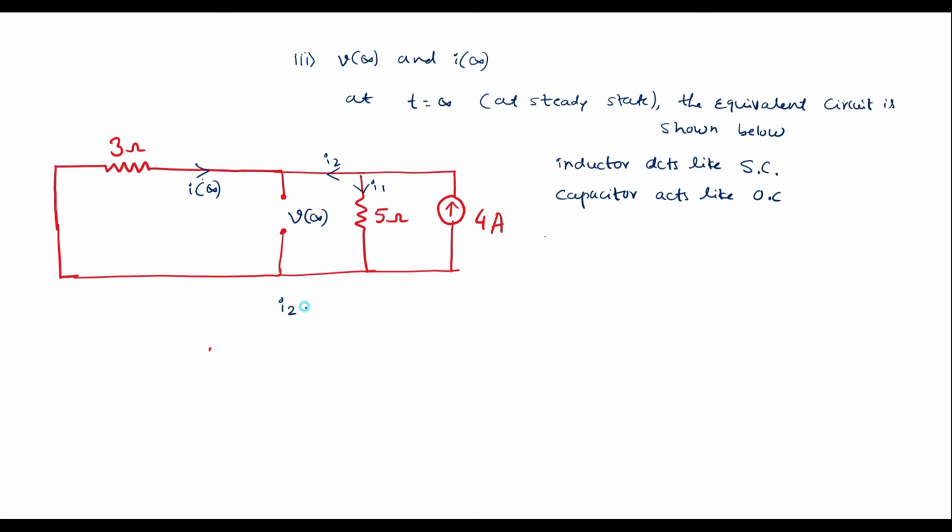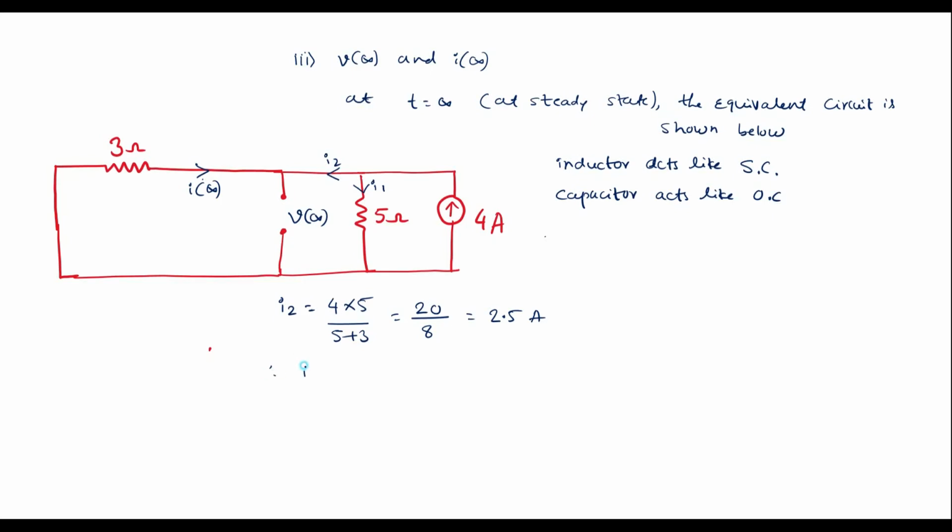By applying current division rule, I2 is equal to total current into opposite resistor, that is 5, divided by sum of resistors, that is 5 plus 3, which is equal to 20 by 8, which is equal to 2.5 amps.